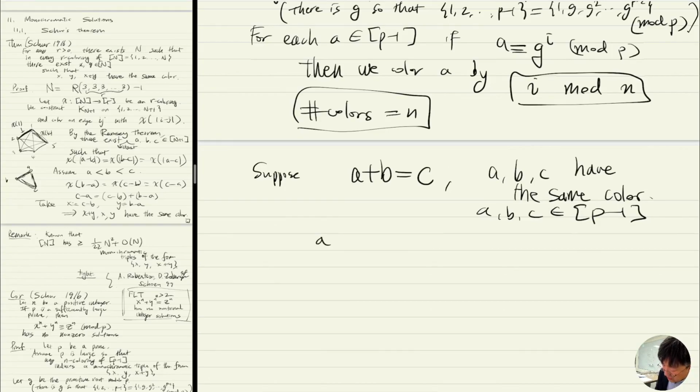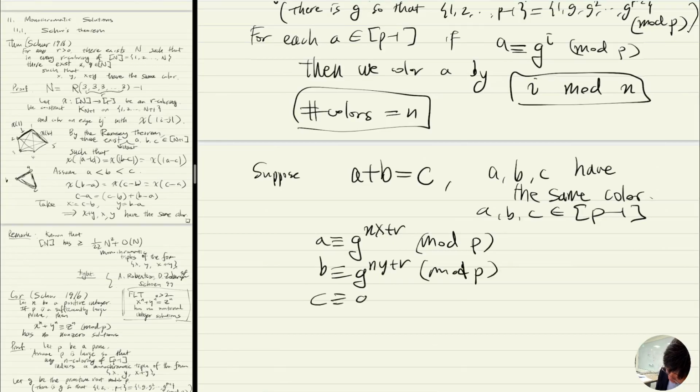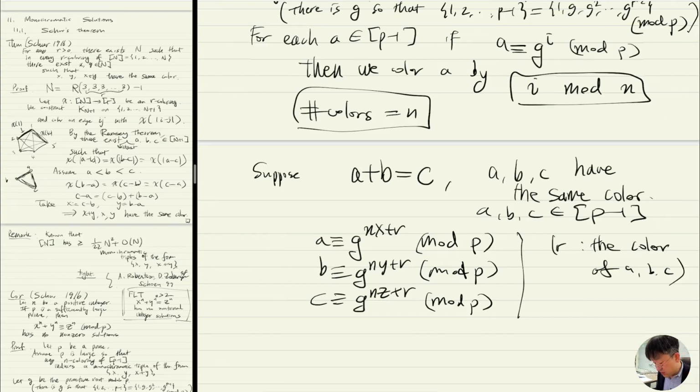Because a is equal to g to the n times x plus r modulo p, b is equal to g to the n times y plus r modulo p, and c is equal to g to the n times z plus r modulo p, where r is the color of a, b, c, because r is a remainder.